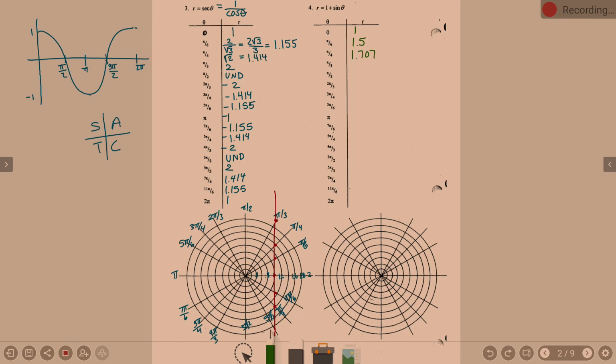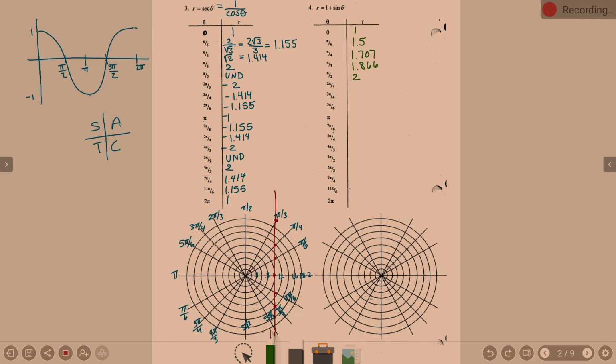And then pi over 3 was square root of 3 over 2. If we add 1 to it, 1.866. Pi over 2 was 1, so 1 plus 1 is going to be 2. Now, we have to think carefully here.